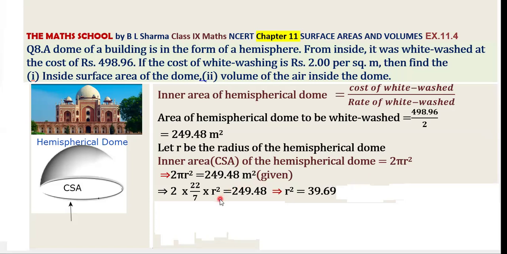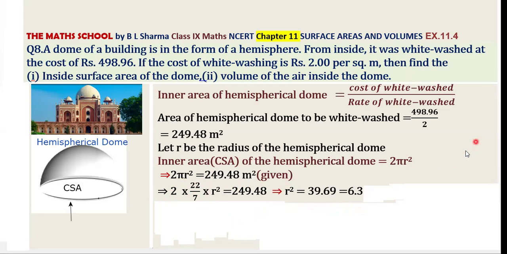आपको कैलकुलेट करना पड़ेगा ये सारे टर्म्स. 44/7 ये राइट हैंड साइड में ट्रांसफर करना पड़ेगा. And r square is 39.69. Because this is the value of radius square, so to get the value of radius, we have to take square root both the sides.